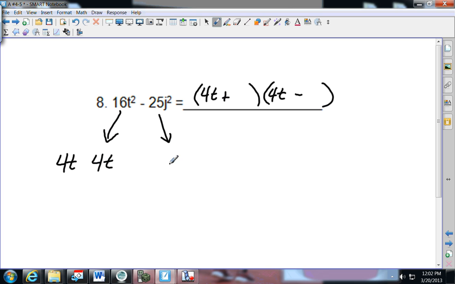And then 25, 5j and 5j. See, it's got to be a j on each of them because it says j squared. 5j, 5j. They're exactly the same. One is positive, one is negative.